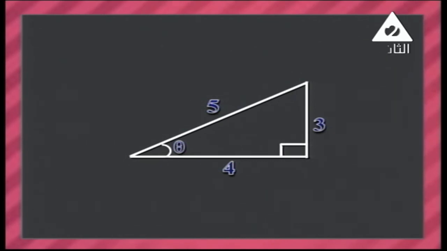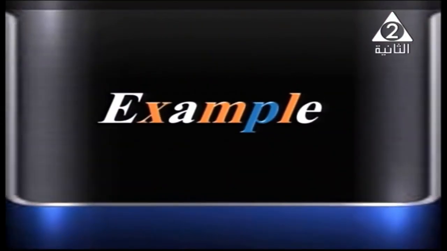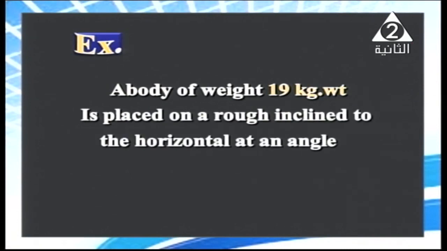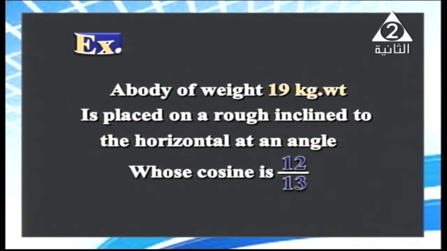My dear student, look at another example. A body of weight 19 kg-wt is placed on a rough plane inclined to the horizontal at an angle whose cosine is 12/13.